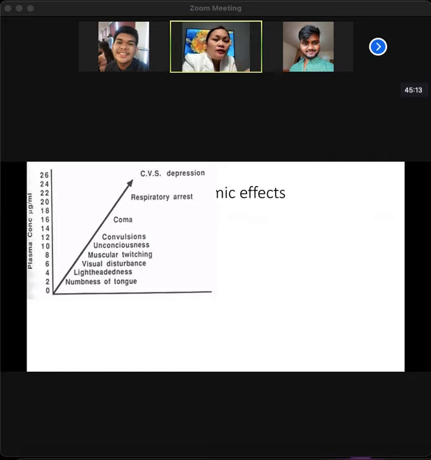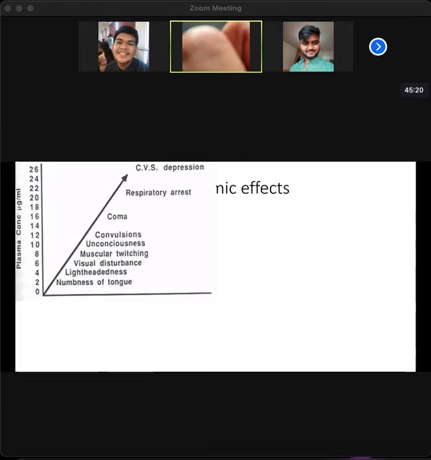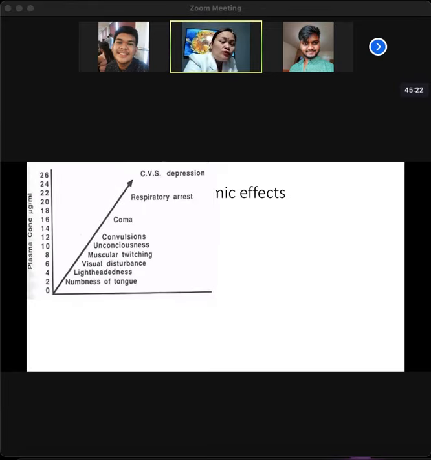So this is the systemic effect again. As you go up for the dose, up to 2, you will have a normal muna. But as you go beyond the dose, you can have the side effects now until you will have your CVS depression.